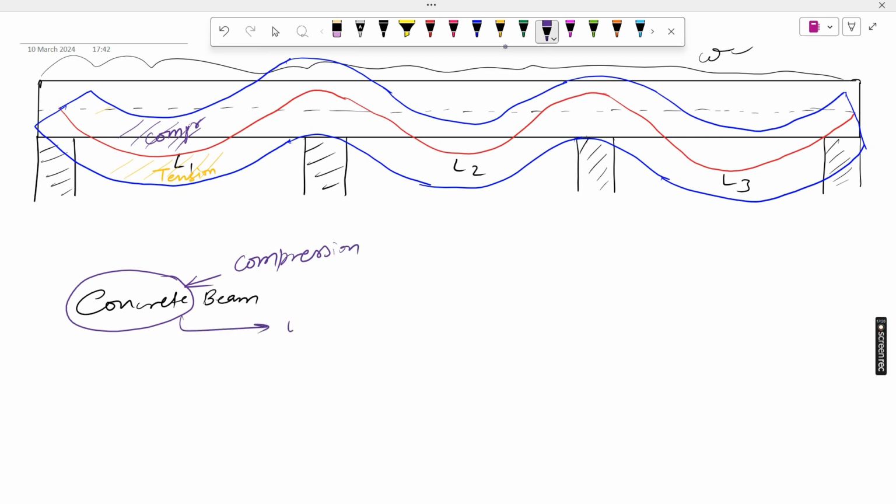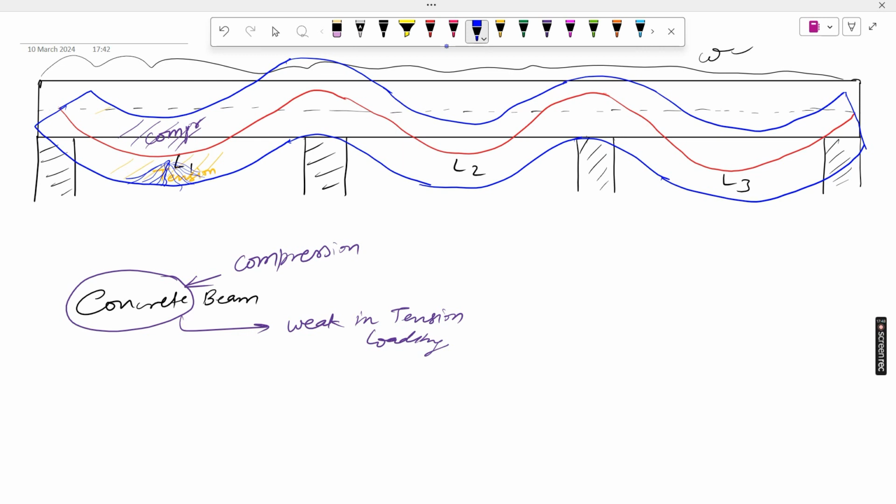It's weak in tension loading. So if the loading is applied and tension develops at the bottom, it will easily break. It cannot take much load.